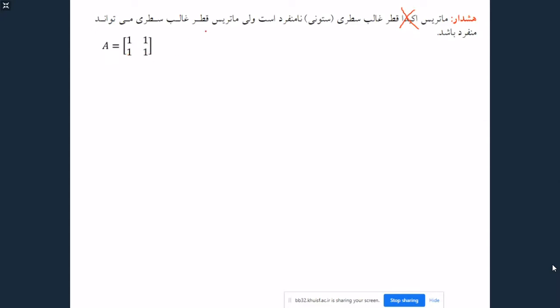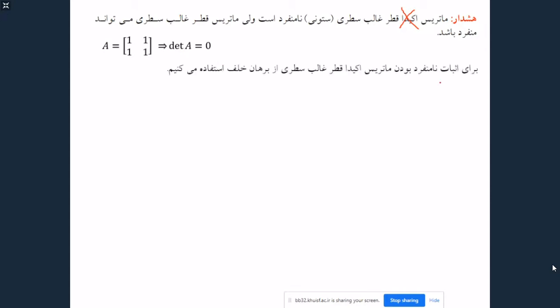It's diagonally dominant in both rows and columns, but the determinant of A will be 0. If we drop "strictly", it can be singular and the determinant of A will be 0.